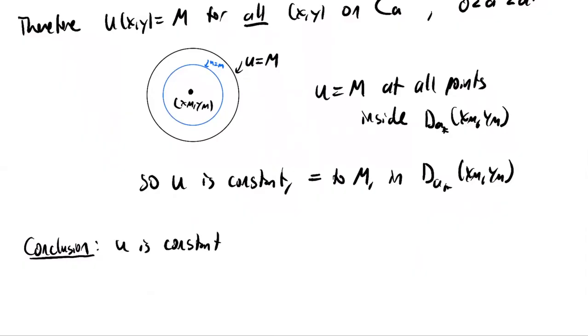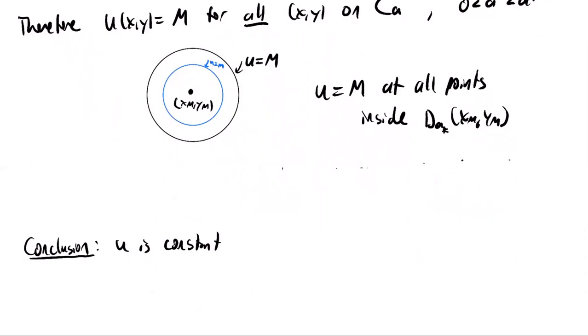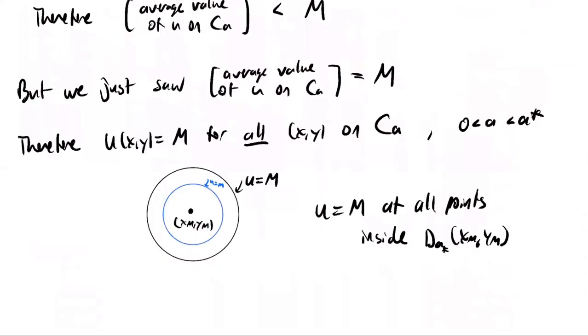Well, let me just copy over what we had here. Let me just write it in, equal to the max value on this disk. Okay, and now let's finish the argument.